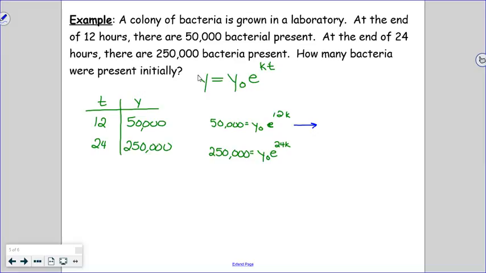Can't I just divide by that e to the 12k? And that says that y sub 0 equals this, whatever this is. Well, if y sub 0 equals that, I can plug that in for y sub 0 into this equation.